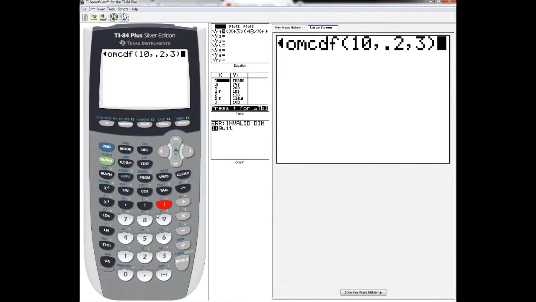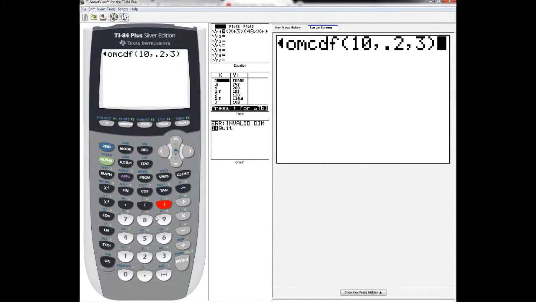So this is going to have 4 binomial calculations added together. The probability that you get 3 guesses correct, or 3 problems correct, 2 correct, 1 correct, or 0. Think of those as 4 different cases.